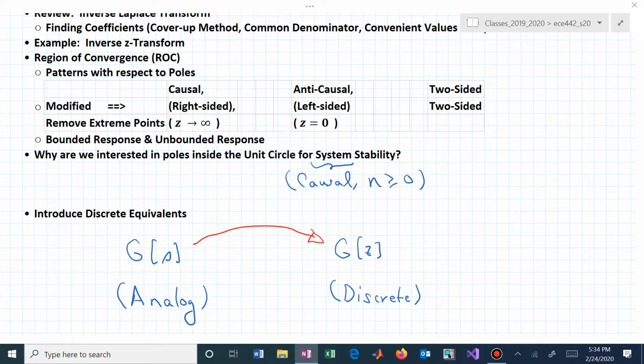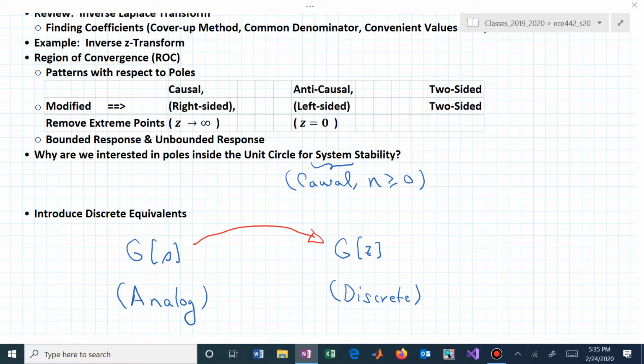Here I should have said unbounded response. So you have a bounded response or an unbounded response. The bounded and unbounded in this short discussion was referring to the time sequence and not to the region of convergence. The region of convergence, when it goes unbounded, is in the causal case.